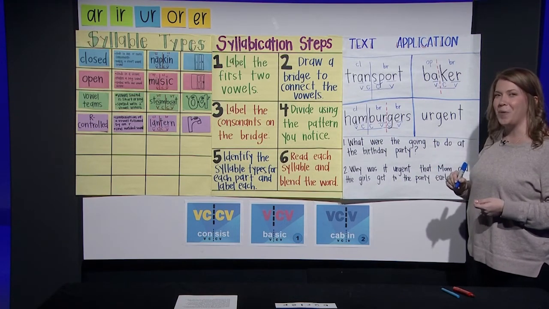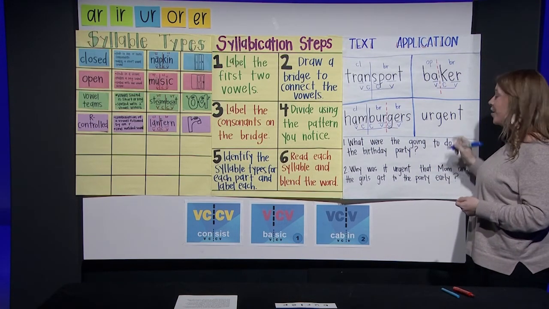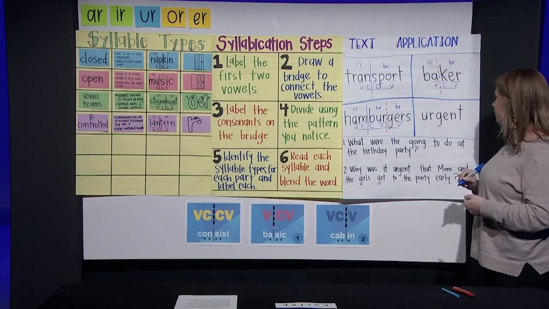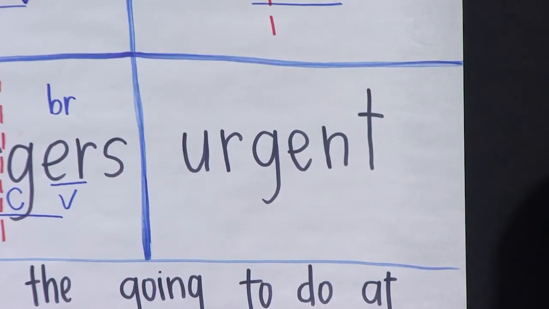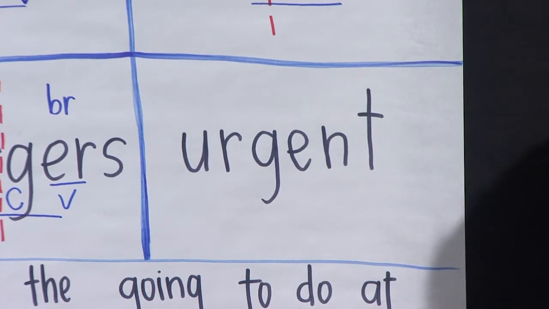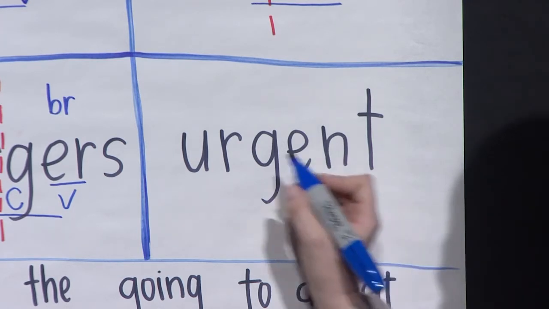Let's try one more. Can you write this word on your paper? All right, lead me through our steps. Very good. Our first step tells us to identify the vowels.